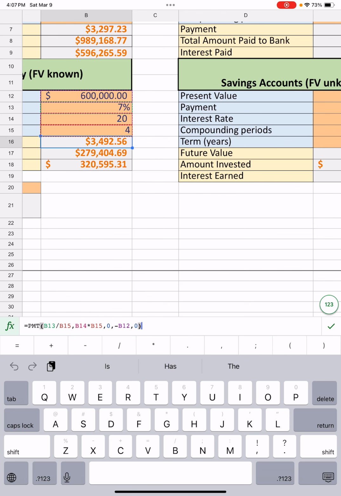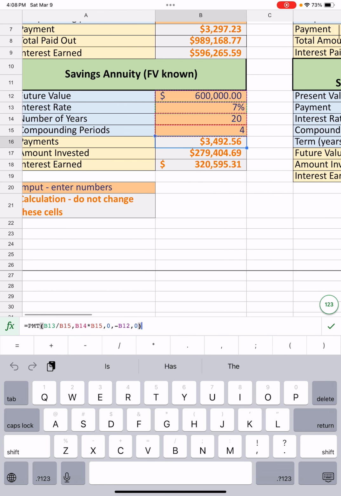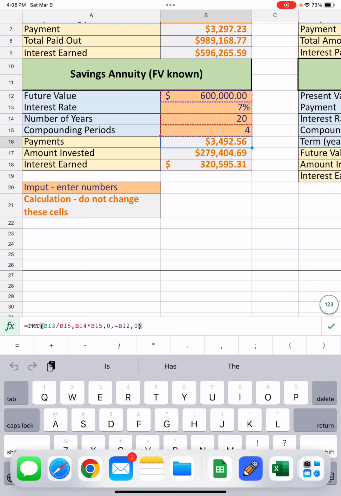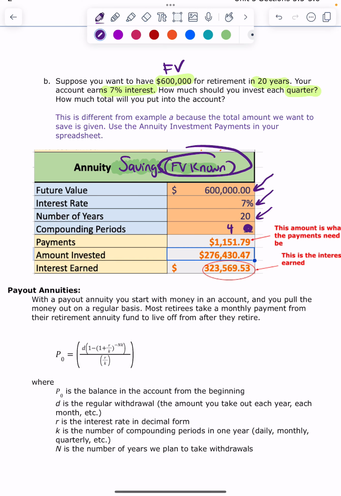And then they wanted to know how much you're putting in total, which is the 279,404.69 value. Okay. Actually, not a bad mistake to have, because then I got to show you guys how you would actually do it.